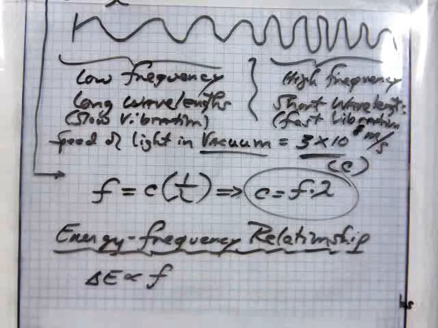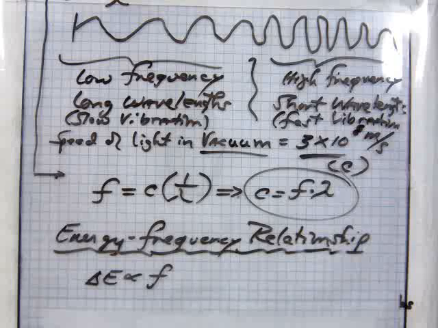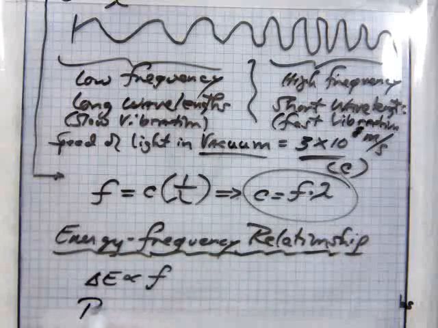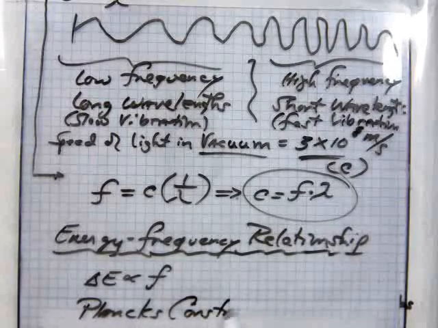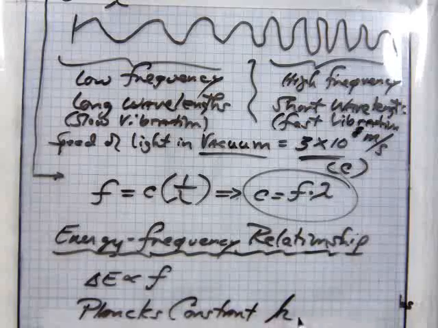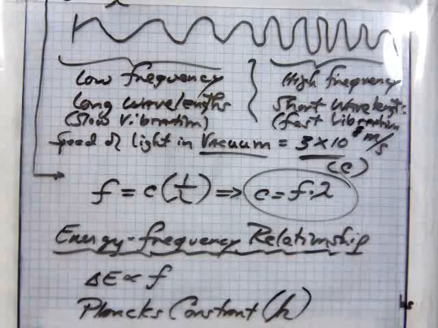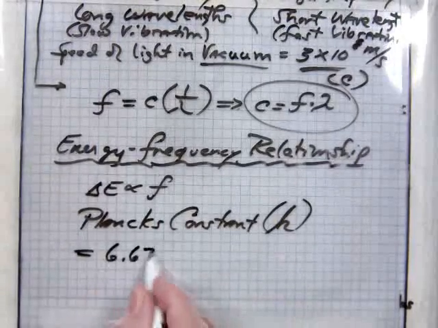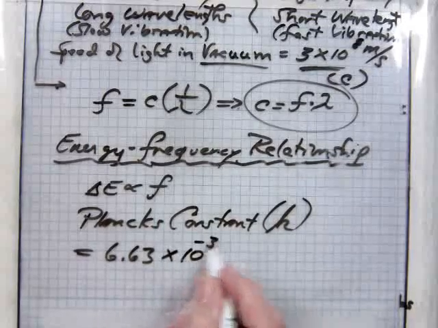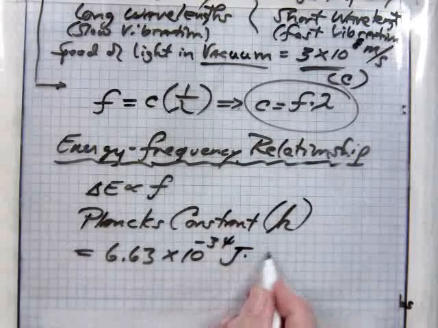Well, our job is to connect the frequency and the energy. It's not connected by the speed of light. There is a unique constant that defines energy and frequency called Planck's constant, with the symbol h. Its value is 6.63 times 10 to the minus 34 joule seconds.